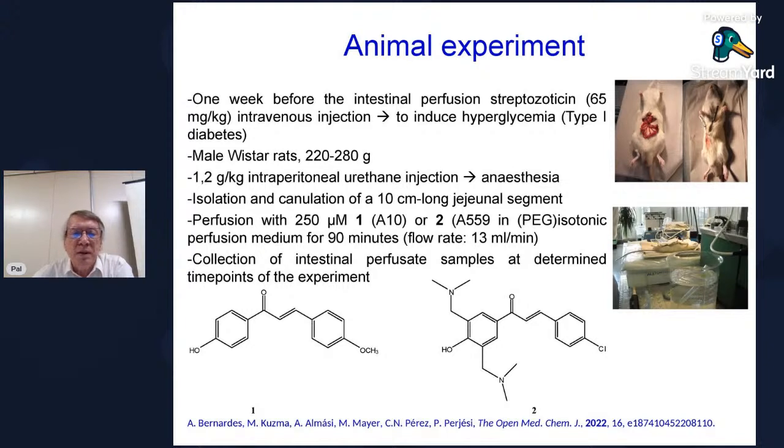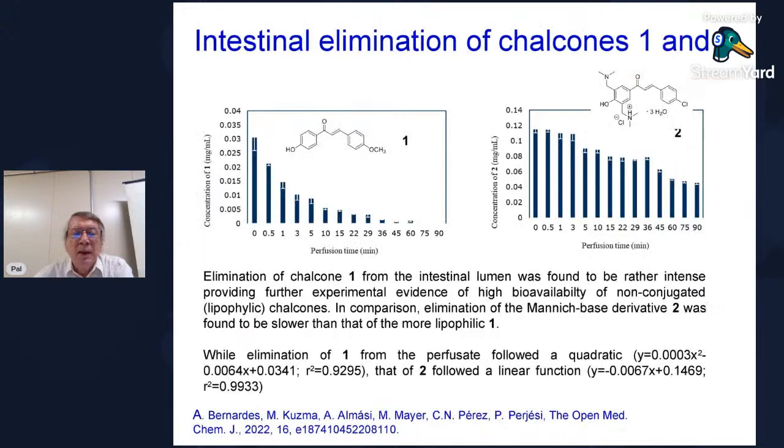The two compounds are those previously mentioned: one hydroxylated compound and a bis-Mannich analog of the compound. We could see that the relatively apolar non-Mannich chalcone derivative is absorbed fairly fast from the perfusion medium, so its absorption is fairly effective in comparison with the Mannich derivatives, which under physiological conditions are protonated.